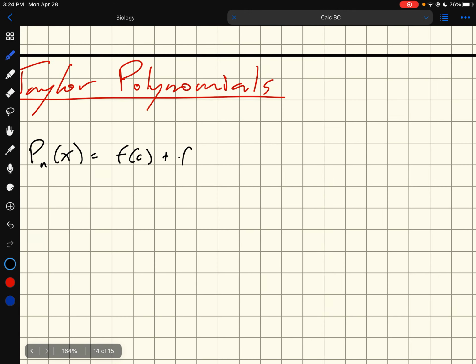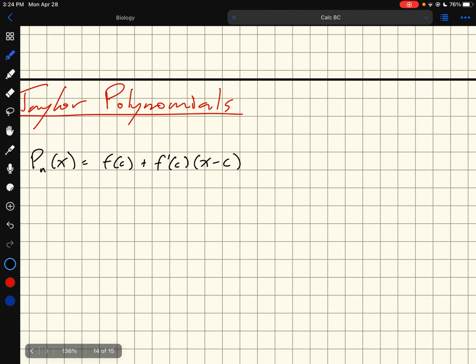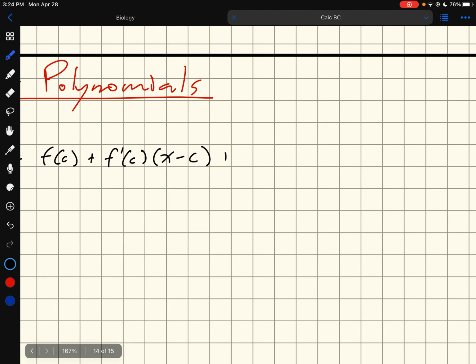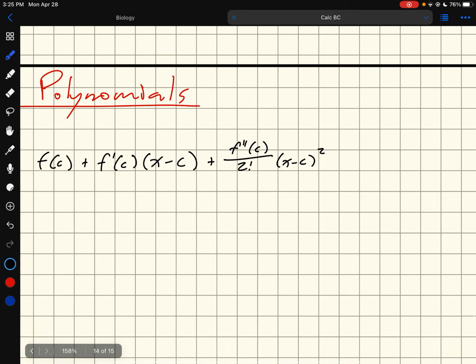And then your second term, you're going to plug c into the derivative of that function. And then you're going to multiply it by x minus c. And then for your third term, you're going to have f double prime of c, and this is going to be over 2 factorial. And then now this x minus c is squared.